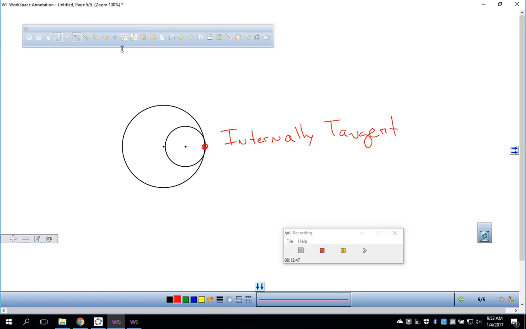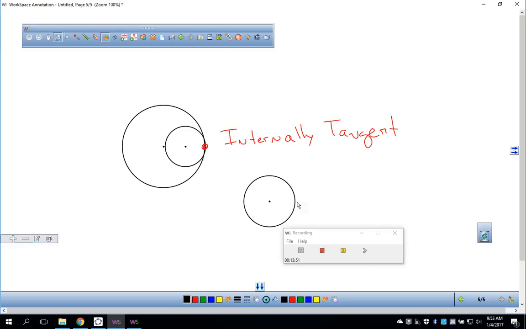And if you have two circles that connect like this, touching at another point, like that, those are called externally tangent.